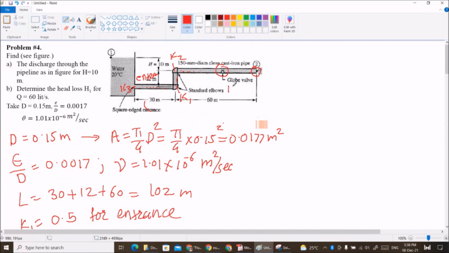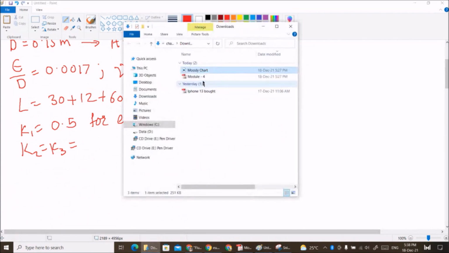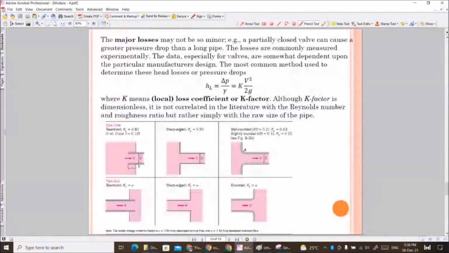So I'll assume it is K4, and K5 we will neglect or ignore. No exit losses. It is almost 1. The values are from the chart which is given to you.